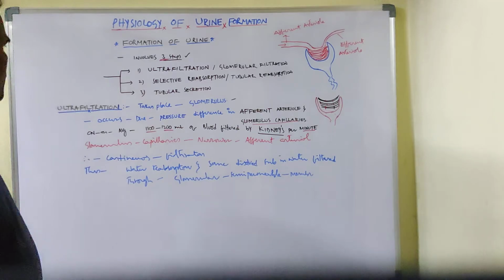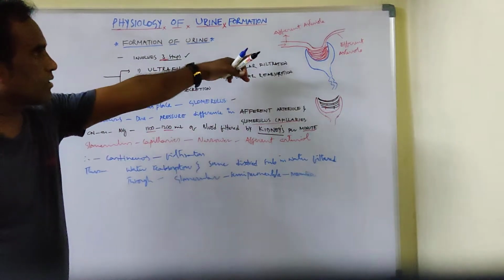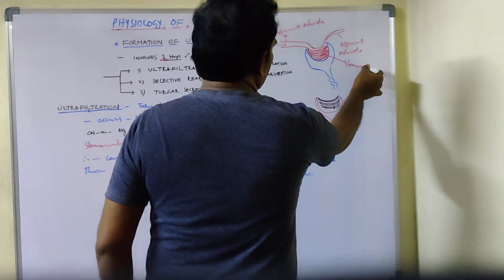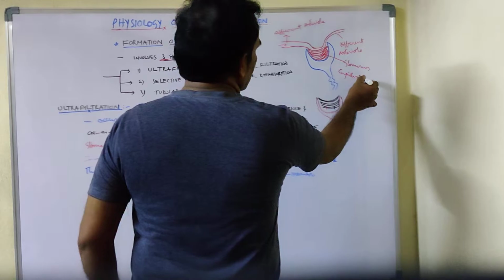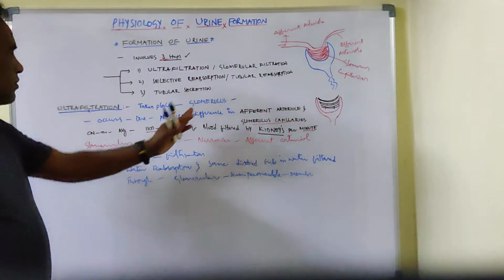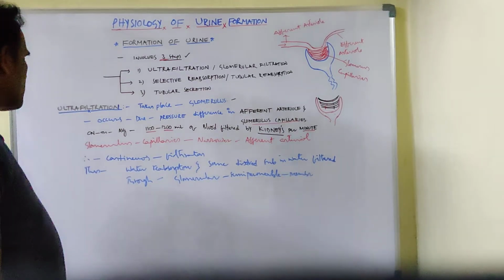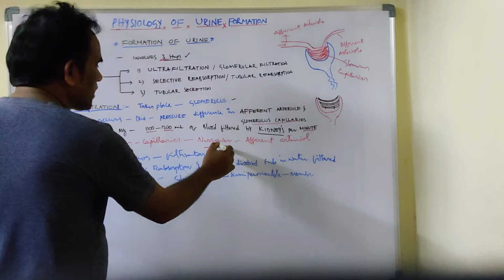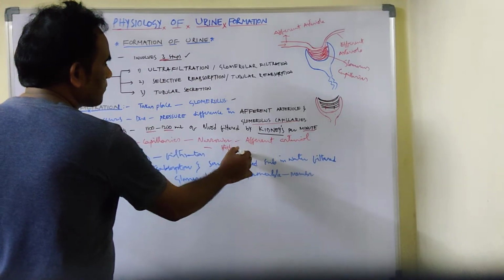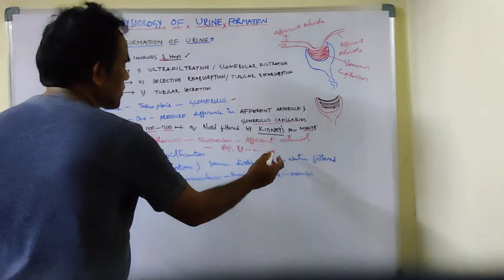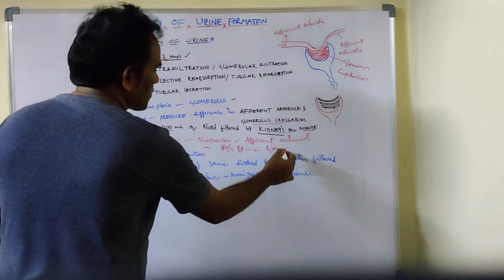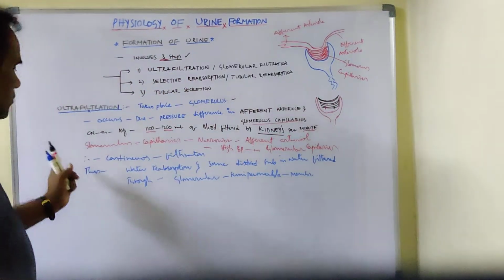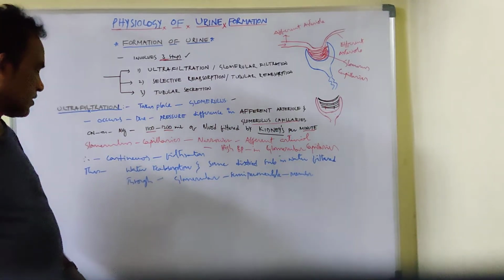Hope you all understand this. So, due to the pressure difference between the afferent arteriole and the glomerulus capillaries, the filtration is done. Because the glomerulus capillaries are narrower than the afferent arteriole, there is high blood pressure in the glomerular capillaries. This helps continuous filtration.